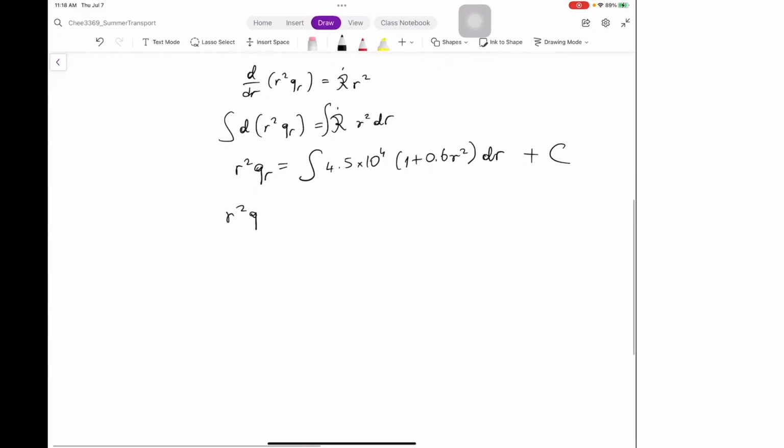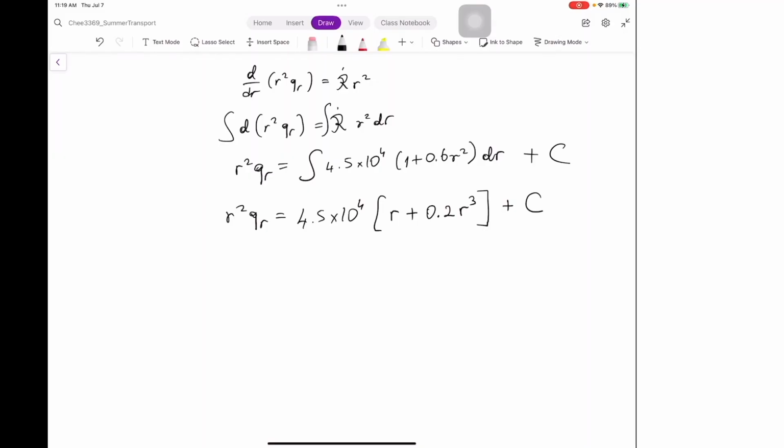So R squared QR, you get 4.5 times 10 to the 4. The integral of 1 times dr is R, plus the integral of 0.6 times R squared is 0.2 R cubed, correct? Plus C. Well, aren't you missing an R squared?